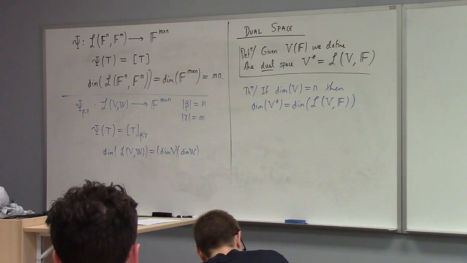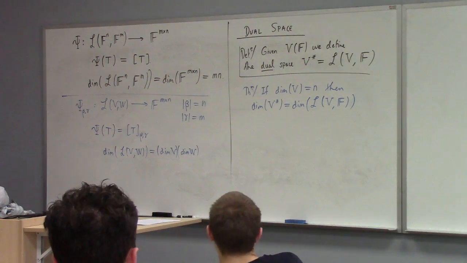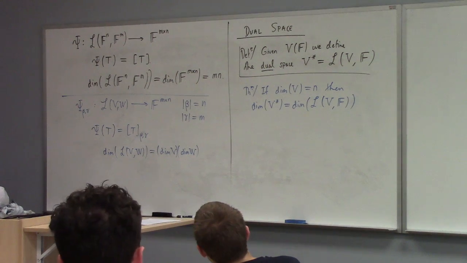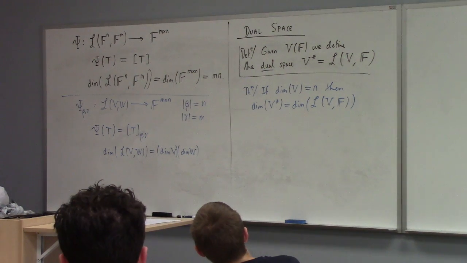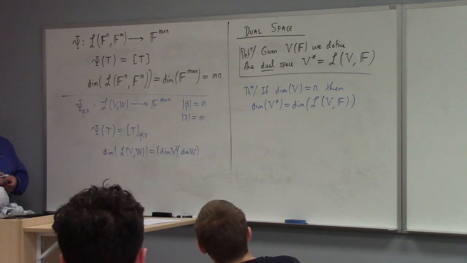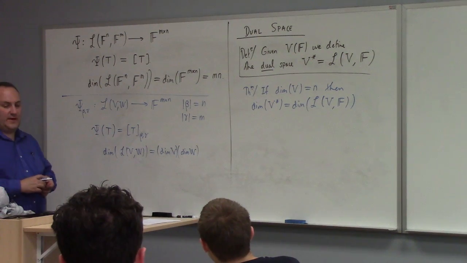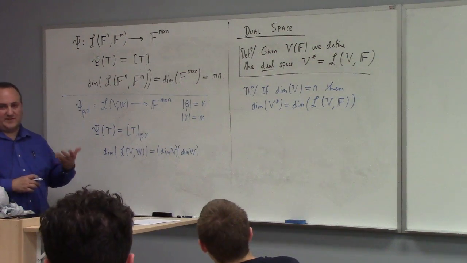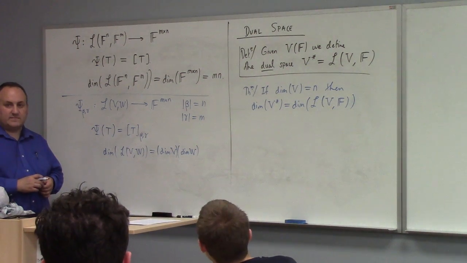So what's the dimension of the linear maps from V to F? Yeah, so the vector space W is F. What's the dimension of the field with respect to itself? If you take the real numbers as a real vector space, what's the dimension of the real numbers? 1, right.